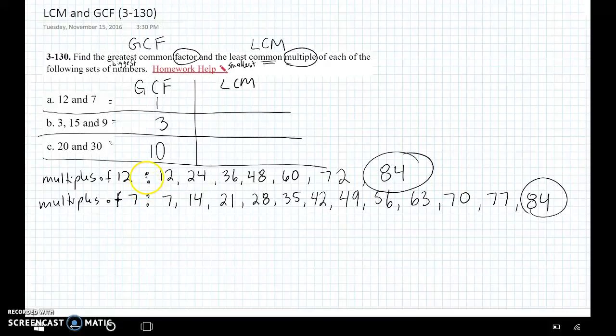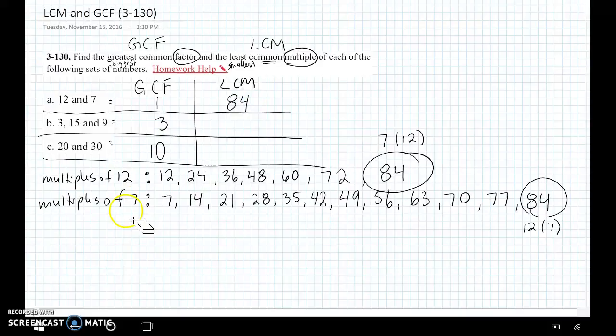That should make sense, since this was the seventh 12 is 84, and this is the 12th 7. So those should be the same. 7 12s are the same thing as 12 7s. So unfortunately, that's the smallest one they'll have in common. The smallest multiple is 84.